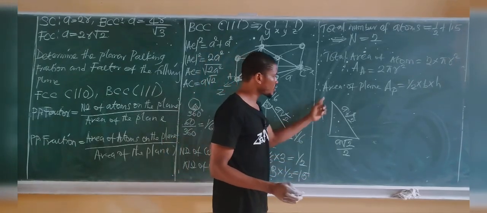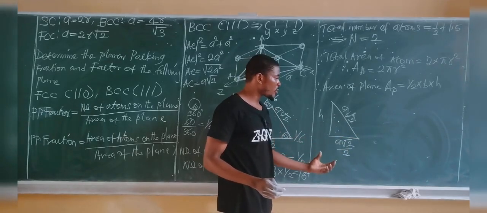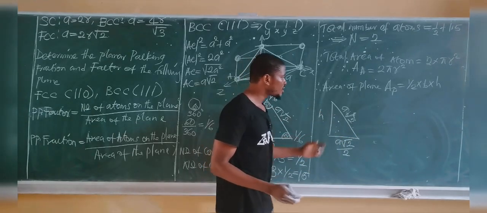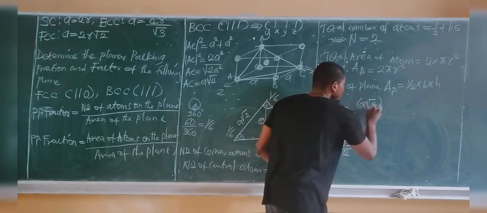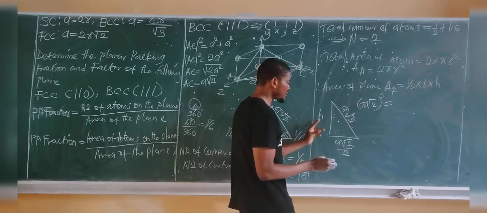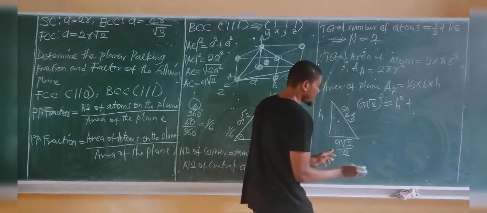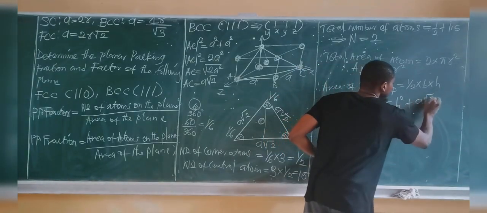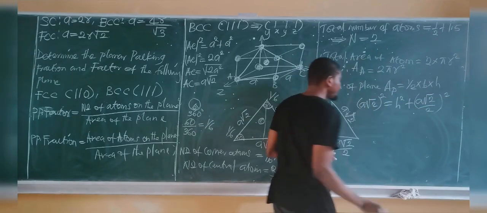And from Pythagoras theorem, the square of the hypotenuse arm is equal to the sum of the square of the both adjacent sides. So I will simply have a root 2 all squared is equal to the sum of the square of the both adjacent sides. I have here h all squared plus, also from here I have a root 2 all over 2 all squared.